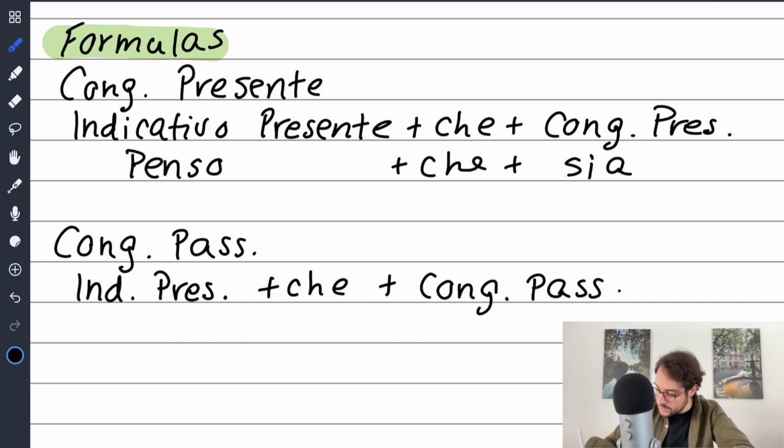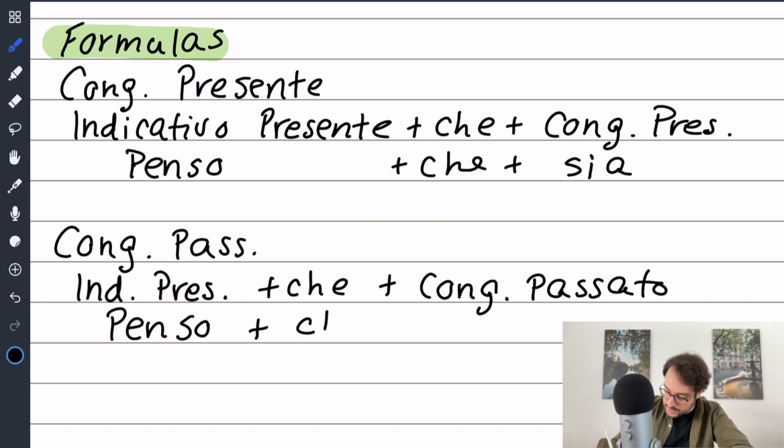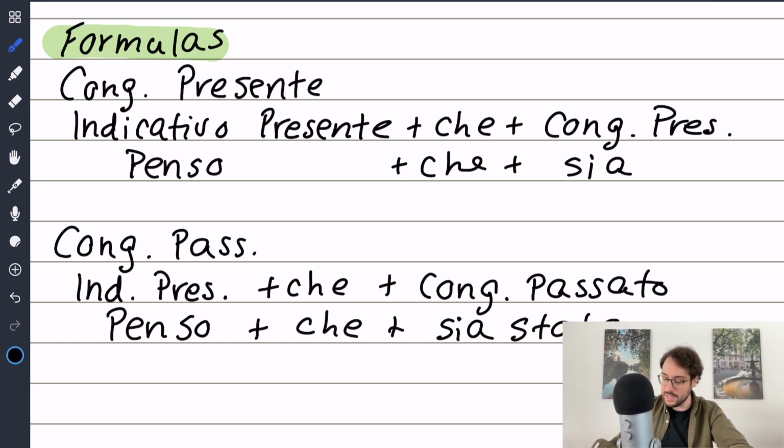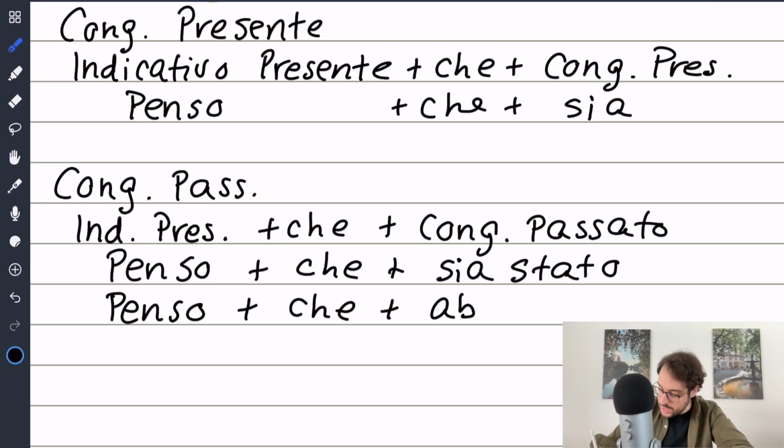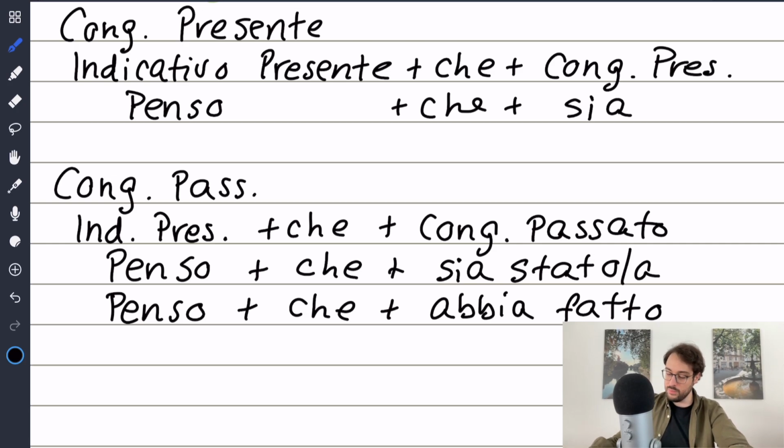So we could say penso che sia stato, using avere and essere as helping verbs. To show avere, you could say penso che abbia fatto. And obviously, if a female were speaking, you could also say sia stata.